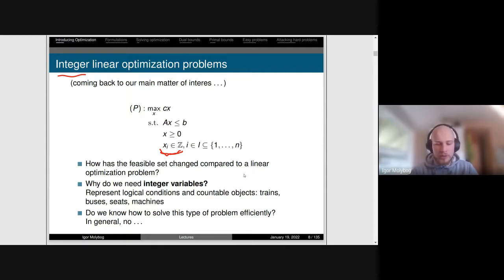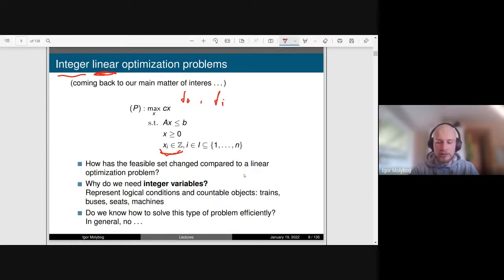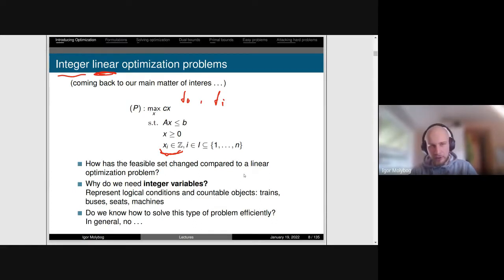So we're going to be talking about integer linear optimization specifically, to stress that the function f0 and the constraint functions fi are all linear in our case. The only thing that differs from the completely linear case is this set of constraints telling us that the variable vector x has to have integer components.